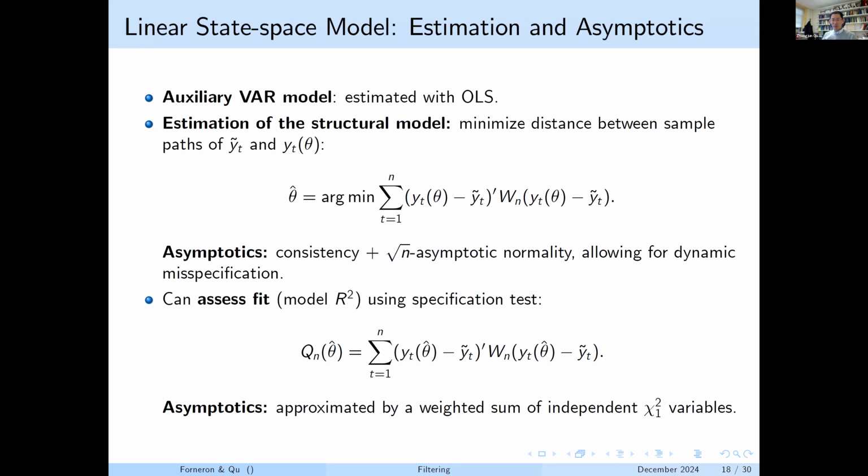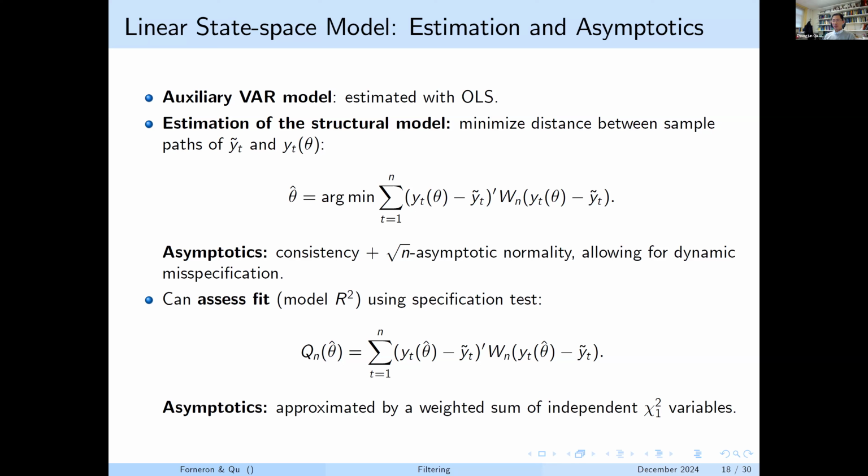Okay, so we have a filter. Now I have one slide that shows how this procedure can be applied to get parameter estimates, also a statistic for specification analysis. Here, because the auxiliary model is a linear model, we can estimate it using OLS to get the regression coefficients and the residuals from that.